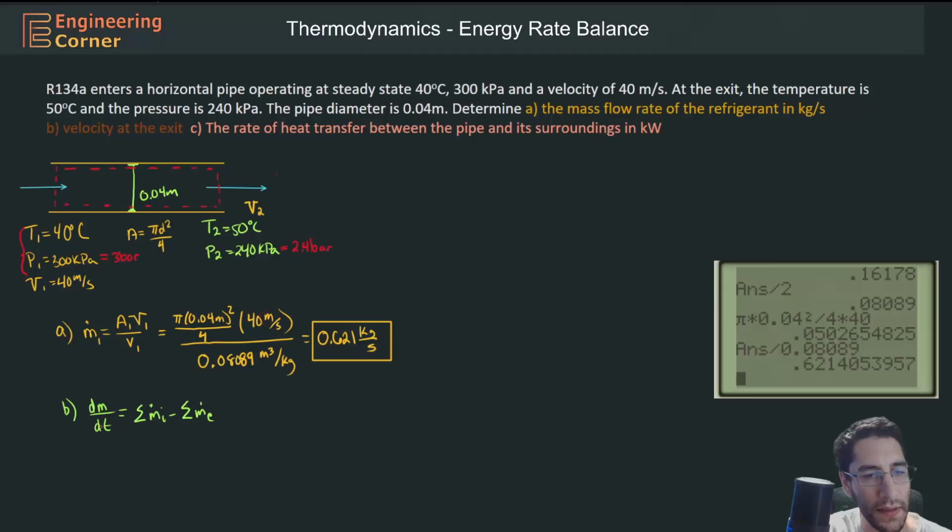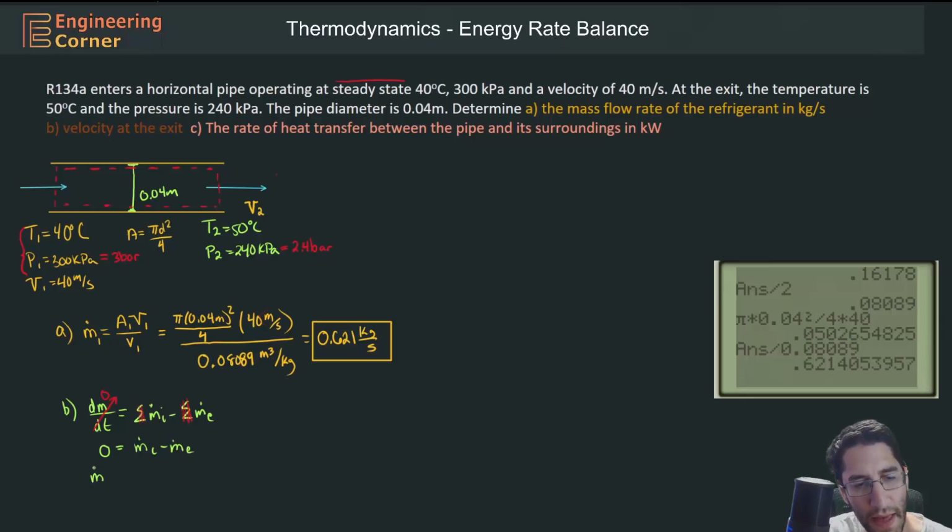We are told that we are working in steady state, so that means dm/dt is going to be equal to 0. We have a single inlet and a single outlet, so 0 is equal to the mass flow rate of my inlet minus the mass flow rate of my outlet.